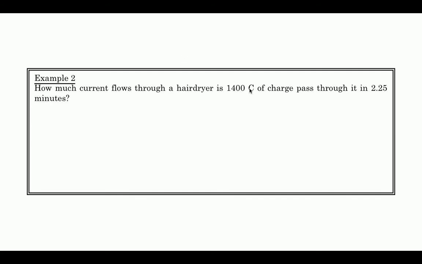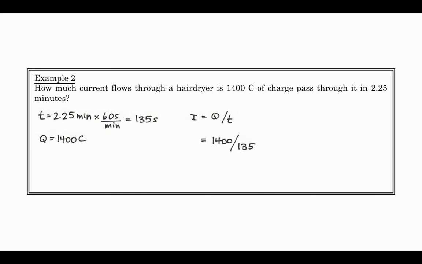Well, because I've got coulombs here, I need to turn this into seconds because I need everything to be in SI units. So I've got 135 seconds and 1,400 coulombs of charge.